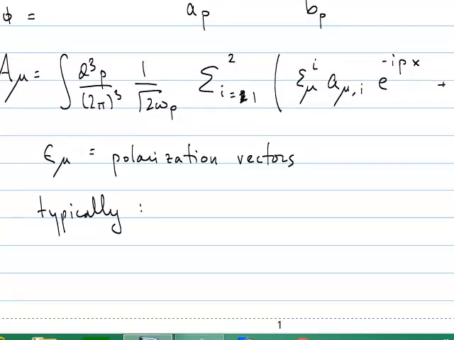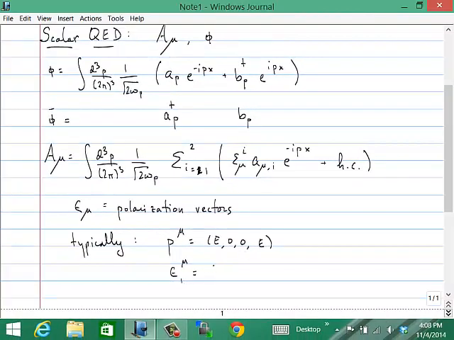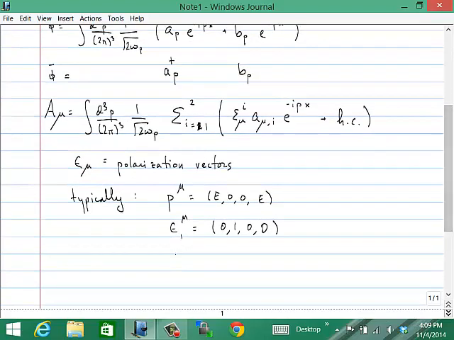For example, typically we're going to use plane wave polarization vectors so that, if the momentum of your photon is purely in the z direction, so that p mu is (E, 0, 0, E), then we would take epsilon 1 to be pointing in the x direction, and epsilon 2 to be pointing in the y direction. Of course, there are other choices we could make.